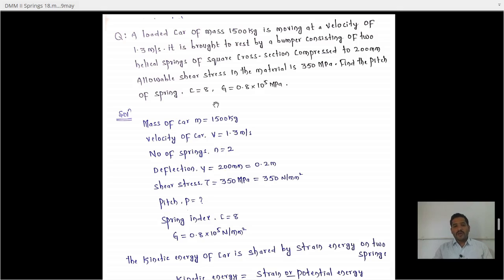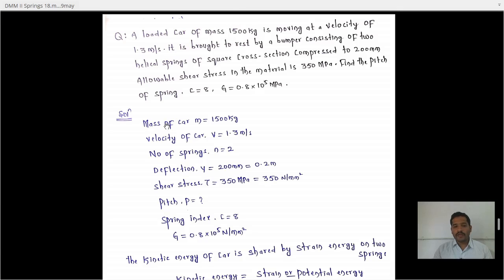So first of all, how to solve such type of problem? Let us see. A loaded car of mass. The mass of this car, how much is given here? 1500 kg.